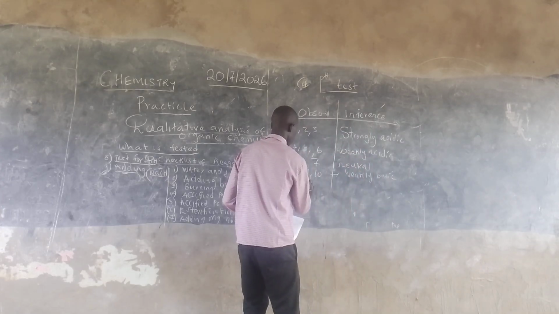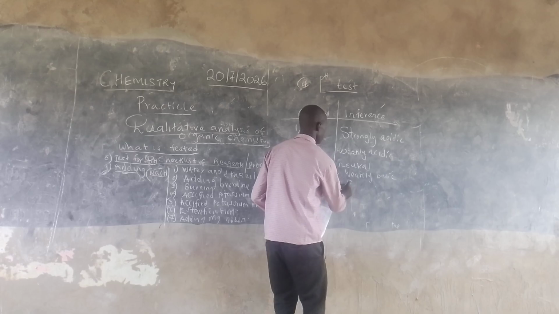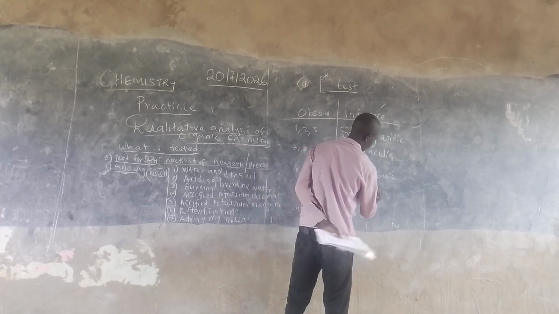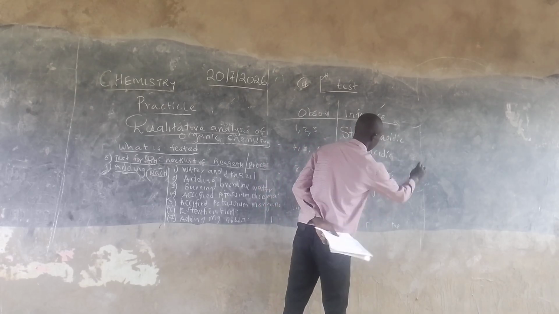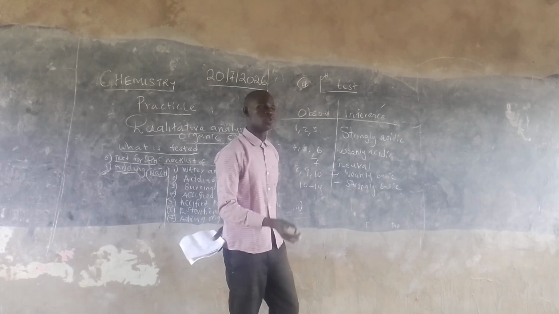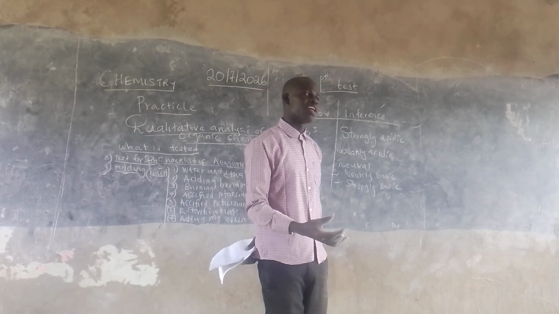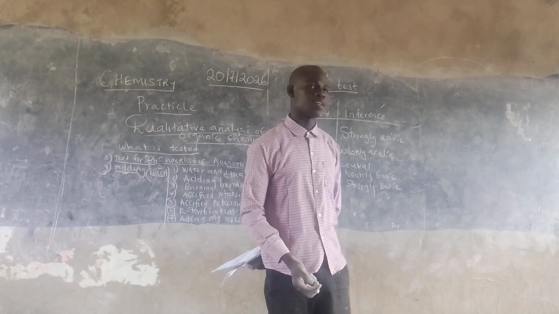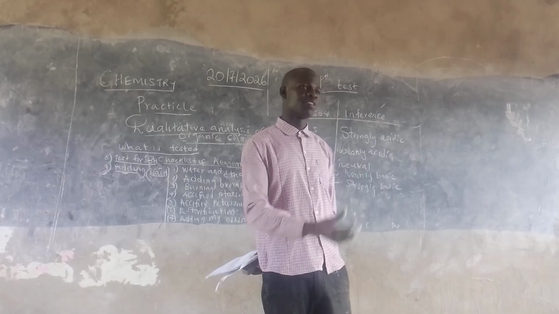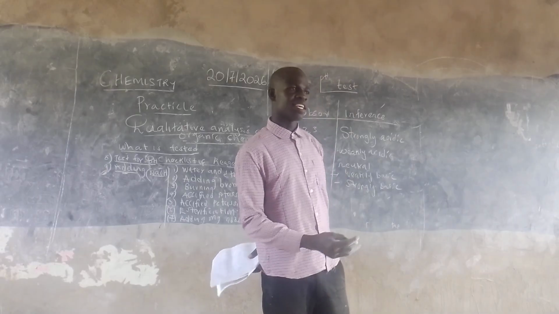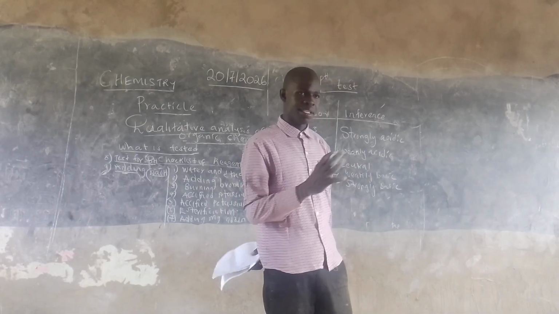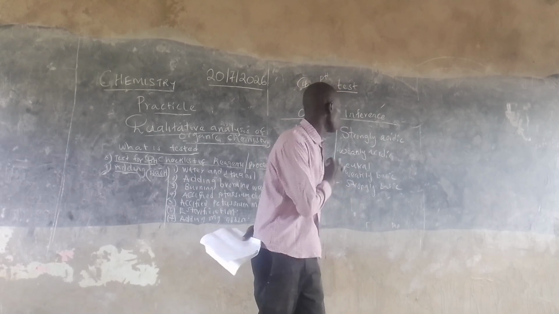If it is 10 to 14, then we talk about strongly basic. This is very important. You don't say strong base. When you write in paper 1 and paper 2, you may say strong base, weak base. But when it comes to paper 3, for the sake of earning a mark, say strongly basic, weakly basic, neutral. That's how we write the answers.